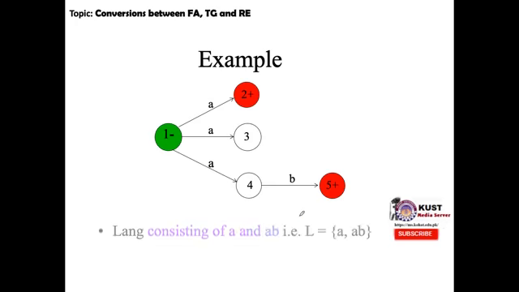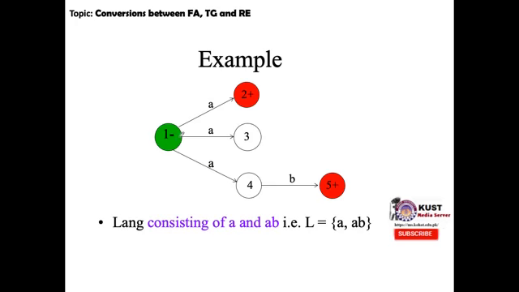Let's take an example of NFA. This is the initial state, one final state, two final state, and it accepts A and AB. So you see for A, there are three transitions. At this state, there is no transition for A, there is no transition for B. Similarly here, similarly here.